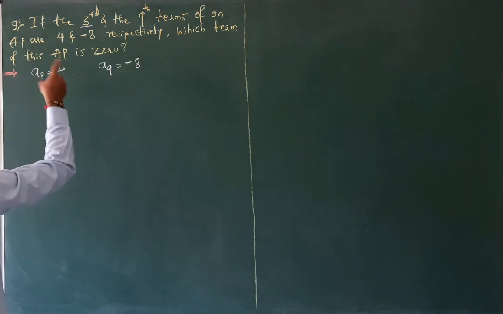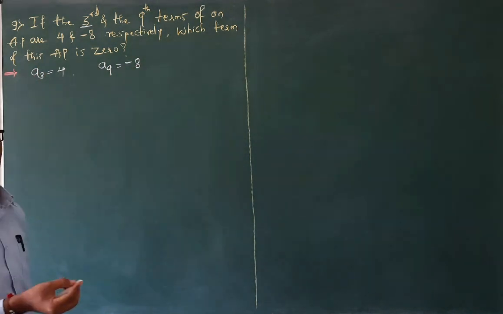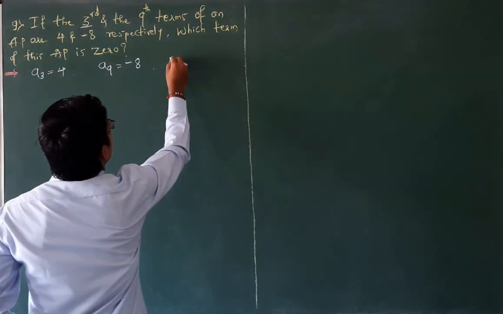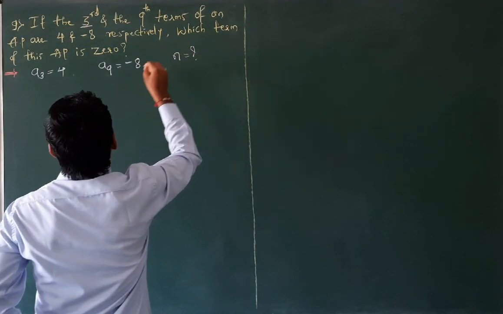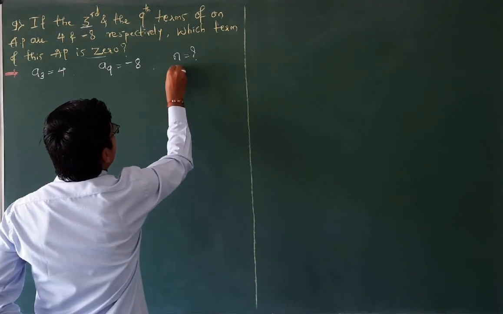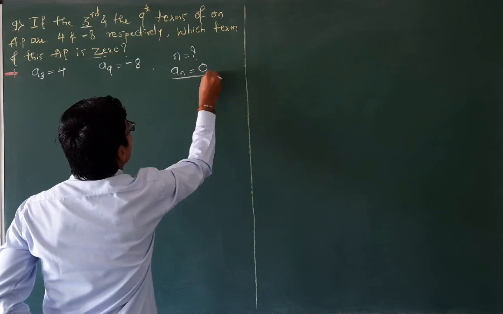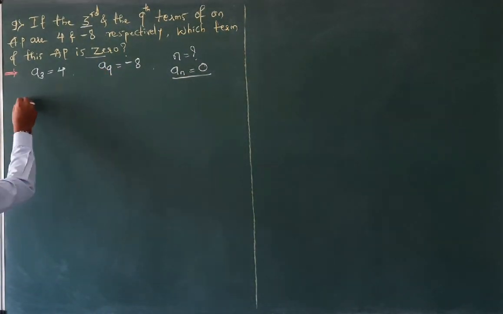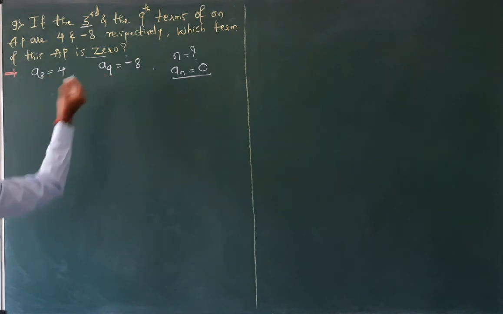Which term of this AP is 0? Which term is asked? n is question mark. Then 0 is given, so it is the nth term, that is an is equal to 0. Because n is asked, take an as 0. So this one and this one are given.